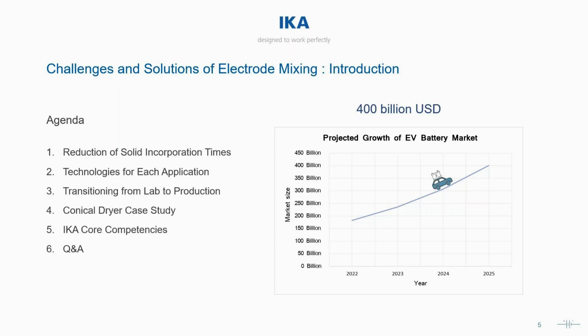I find this to be a really interesting piece of equipment, with lots of first principle engineering involved. So I think that will be quite fun, also related to lithium precursor production. And then, of course, I'm here with IKA today. So I would love to talk to you guys about some of IKA's core competencies and why I think they're awesome. And then we will round out the hour with some Q&A from you guys.